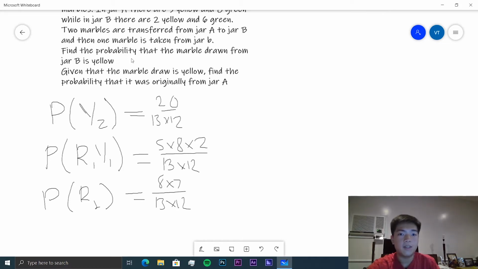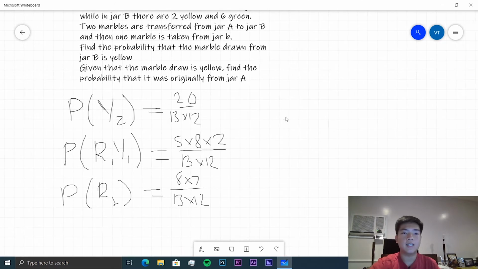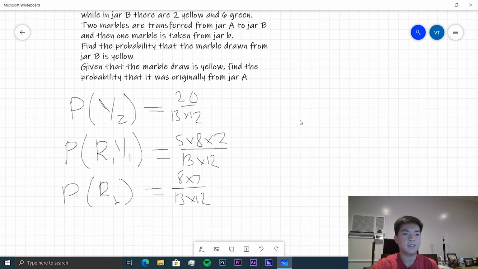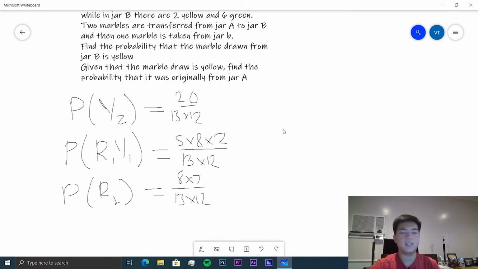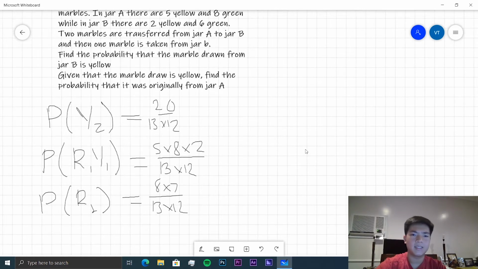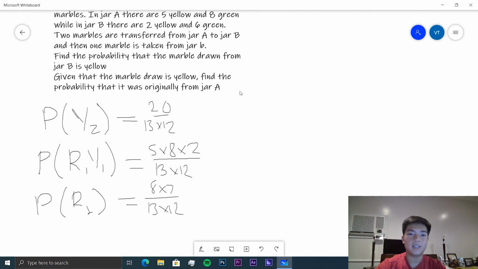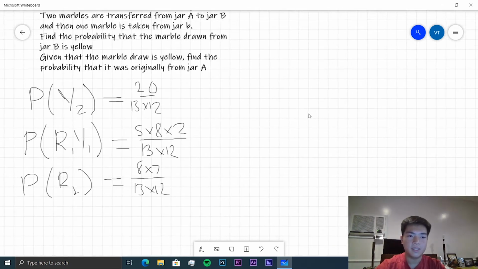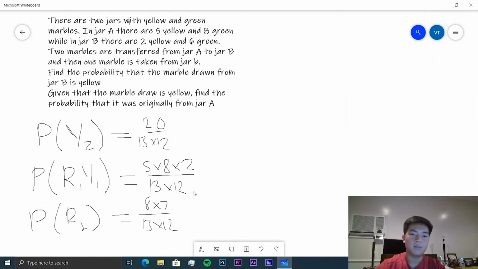So find the probability that the marble drawn from jar B is yellow. Actually, do we need to use it at this point yet? We don't need to use it at this point yet, because we'll use it here, but to find the probability that the marble drawn from jar B is yellow, we get each of these individual probabilities.